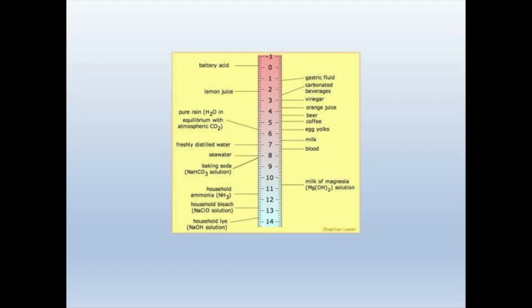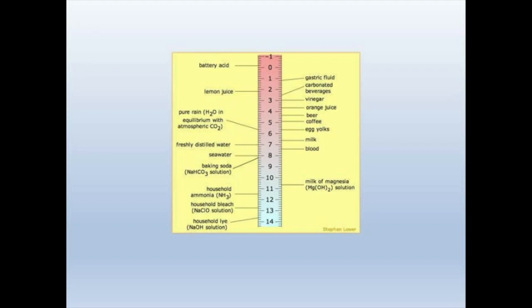So you've got gastric fluid around pH 1, vinegar about pH 3, pure rain in equilibrium with carbon dioxide, pH of about 5.3. Freshly distilled water hasn't had time to interact with CO2, so it has a neutral pH 7.